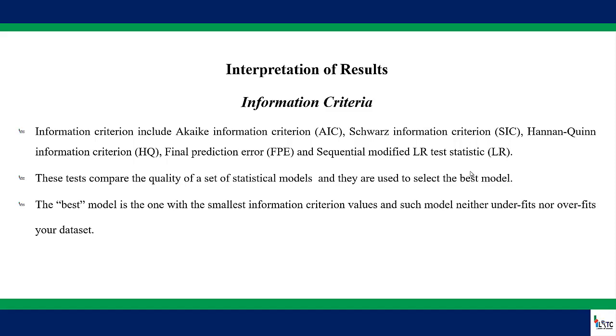For instance, if we have models A, B, and C, and for model A the SIC is 2, for model B the SIC is 1, and for model C the SIC is 5, model B gives us the smallest value, which is 1. So it is the best. That's just it, very straightforward. But when you have just one model, you don't need to care about the interpretation of information criterion.